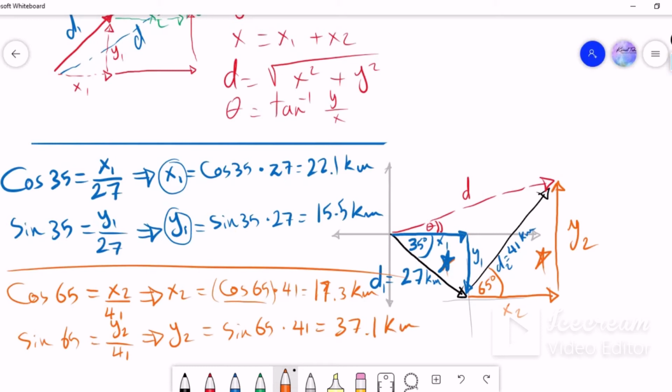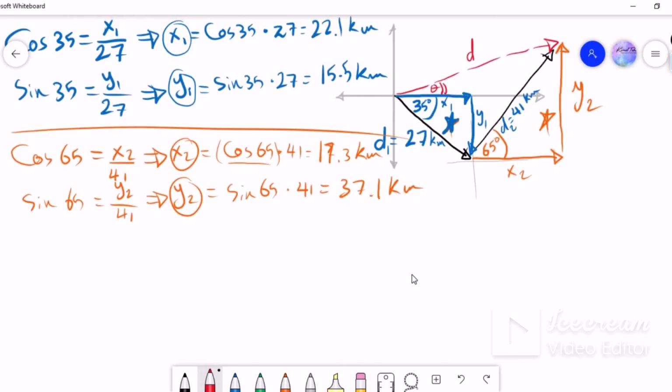As you see here, we found the components for each vector. Now what will we do? We will find x when we add x1 with x2, and we will find y when we add y1 and y2.